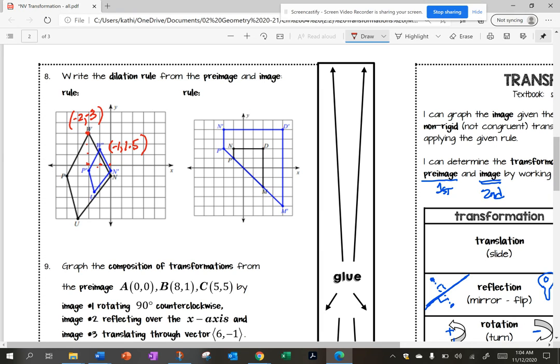Okay, so if I use my X coordinates, I'm going to say -2 divided by -1, which is 2.